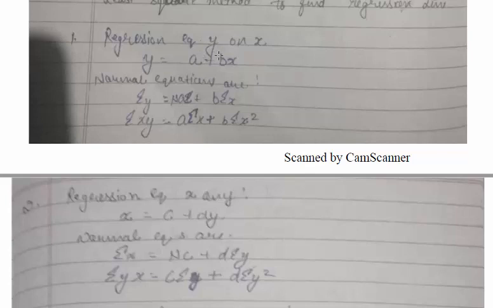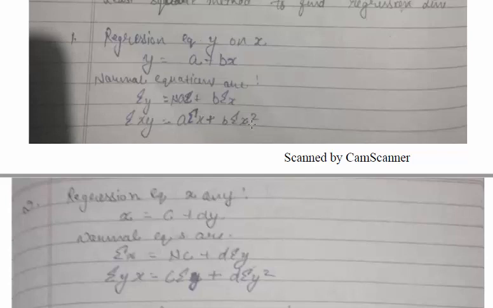To write the normal equations for this equation, firstly we take summation y equals, because there is no variable here, n into a plus b into summation x. And the second normal equation is summation xy equals a into summation x plus b into summation x square.